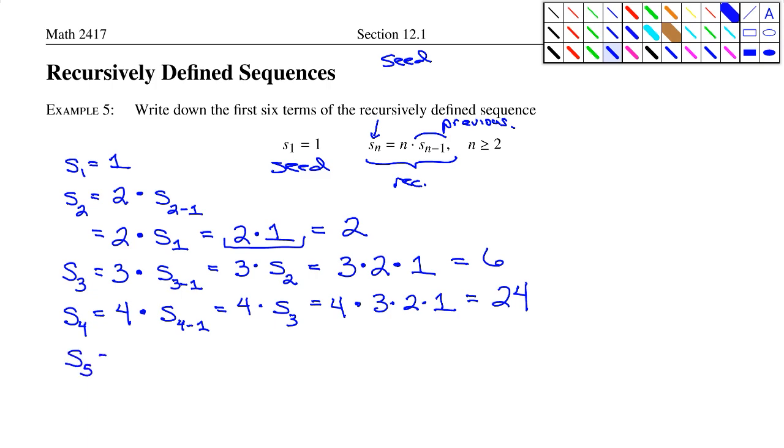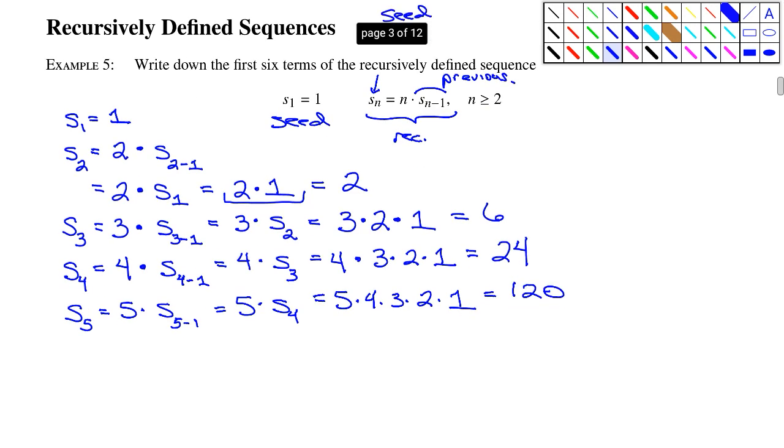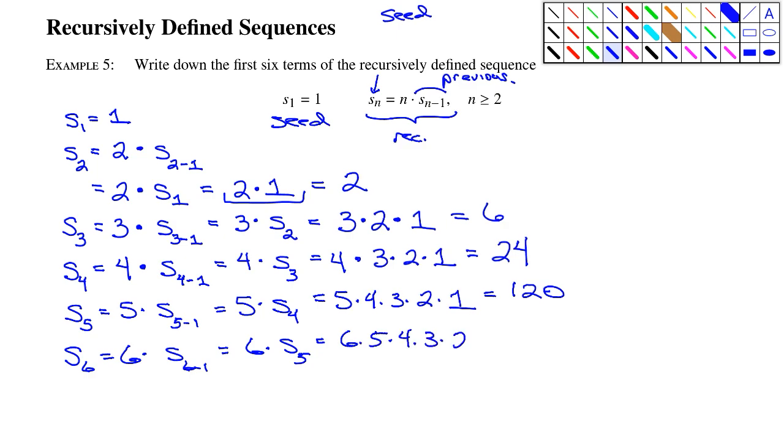S sub 5 would be 5 times S sub 5 minus 1, which would be 5 times S sub 4, but S sub 4 was 4 times 3 times 2 times 1, which is 120. And the last one, S sub 6, is equal to 6 times S sub 6 minus 1, which would be 6 times S sub 5, which is 6 times 5 times 4 times 3 times 2 times 1, which is 720.